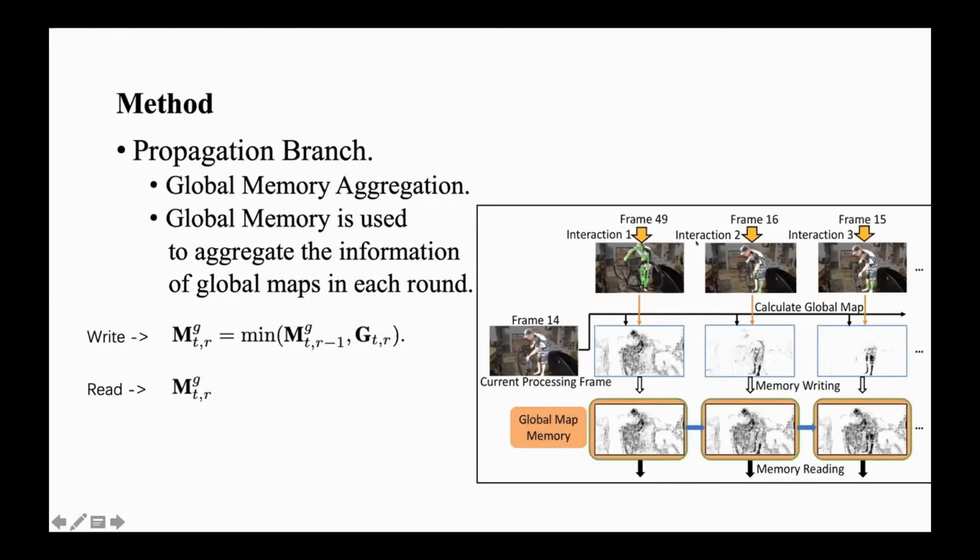At interaction 2, we have the new global map, and we keep the minimum number at each pixel. So we can aggregate the information for the global matching map.